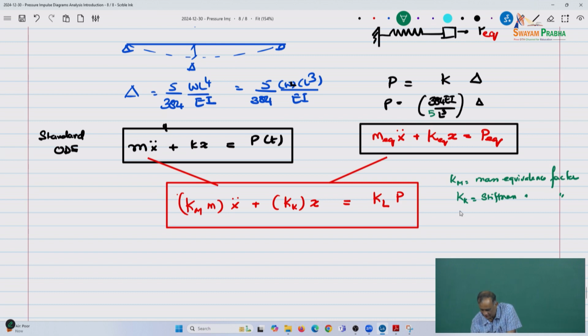And then you have your load equivalent, KL is the load equivalence, because now we are representing, or this factor for example accounts for distributed loading, different types of distributed loading.